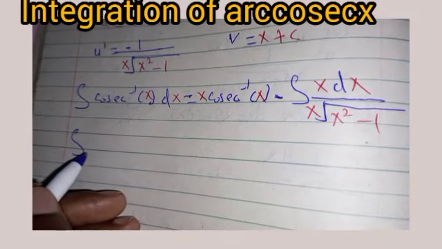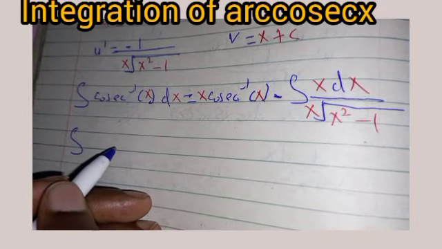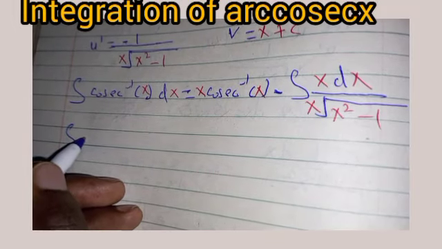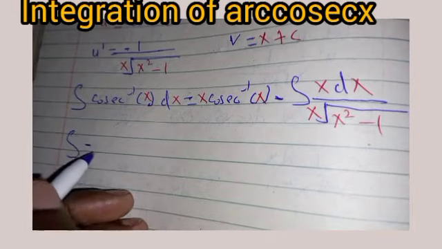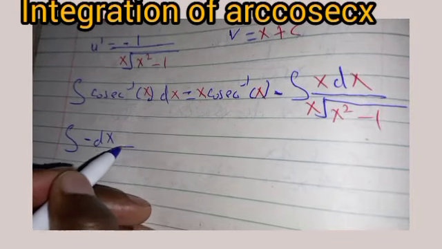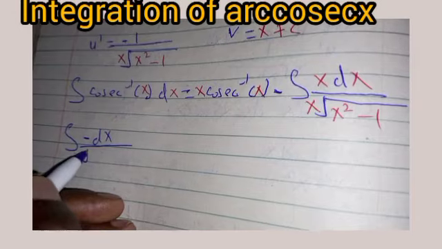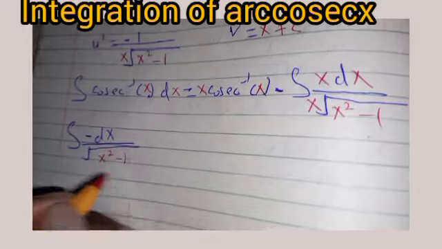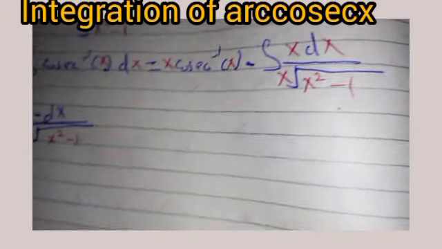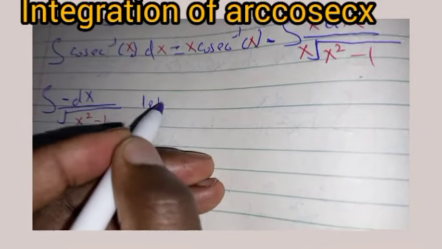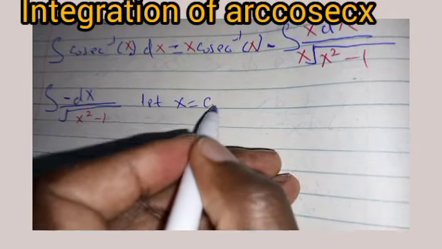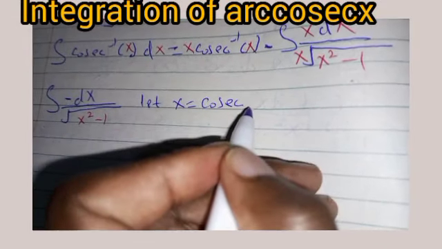How are we going to integrate negative, there is a negative there, dx divided by the square root of x squared minus 1? So we are going to let our x be equal to cosec of theta.